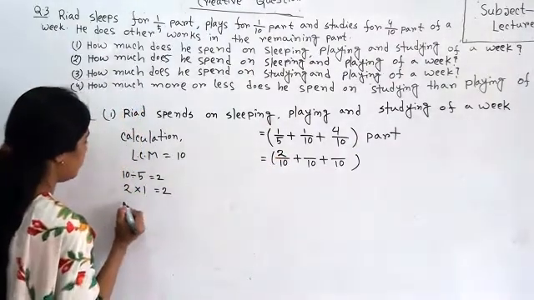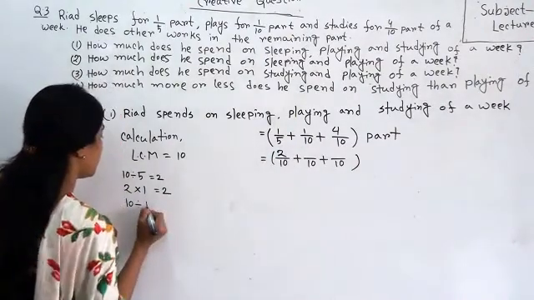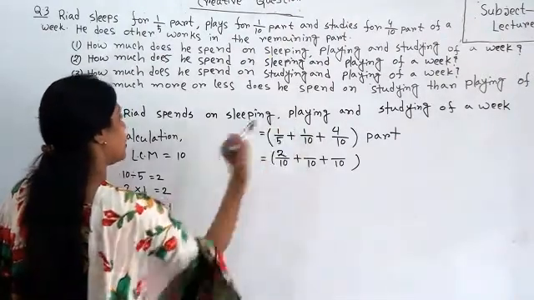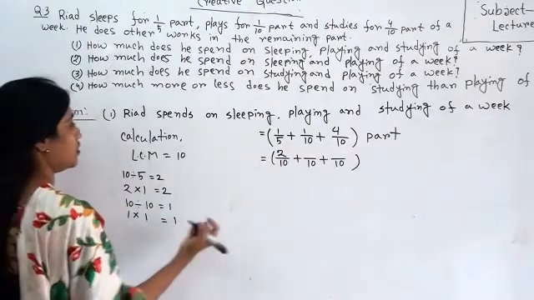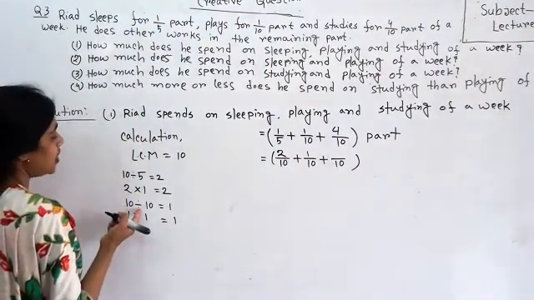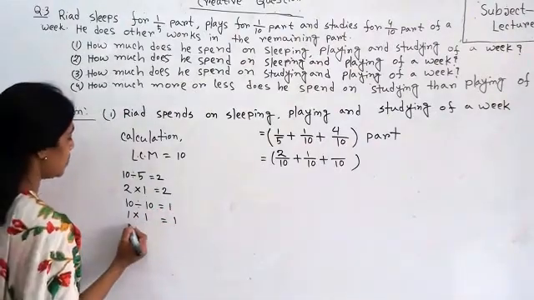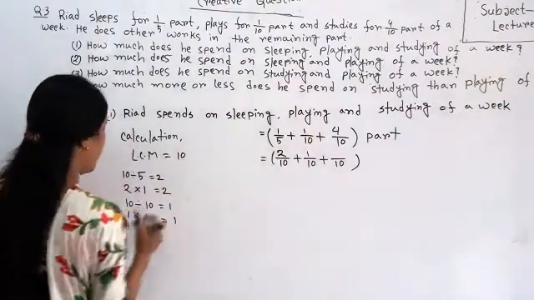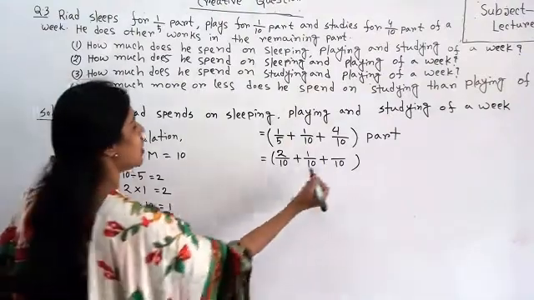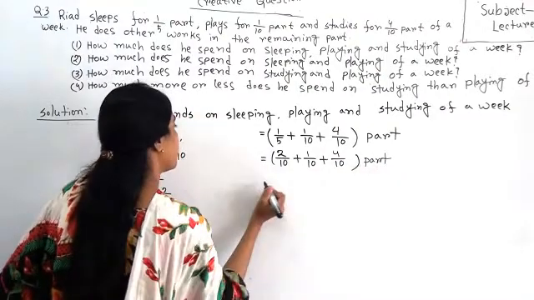For the second fraction, the LCM 10 divided by the second fraction denominator 10 gets result 1. This 1 multiplied by the second fraction numerator gets result 1. For the third fraction, the LCM divided by the third fraction denominator gets result 1. This 1 multiplied by the third fraction numerator gets result 4, written as the third fraction numerator.